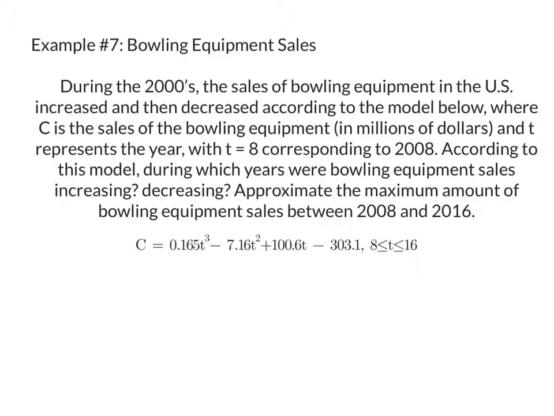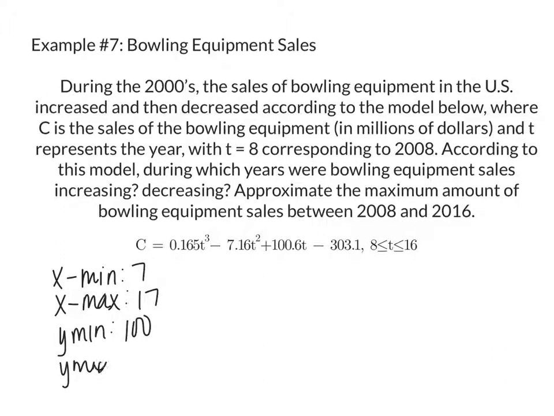Now, if you are in a standard window, you're not going to be able to see your entire graph, so I'm going to give you a window to use. For x min, use the value 7. For x max, use the value 17. For y min, use the value 100, and for y max, use the value 180.